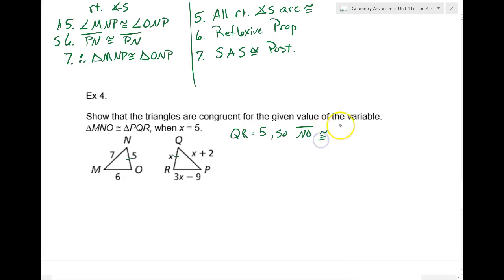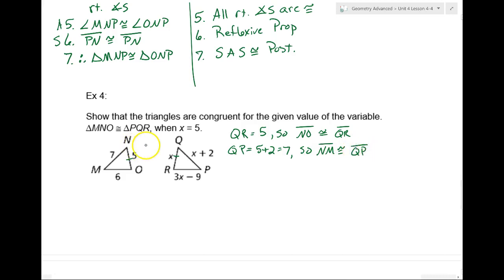Looking at my congruence statement, if I can write a congruent symbol here. Wow, you can tell I don't have you guys correcting me right now while I'm doing this video. So that's the first one. Then let's look at segment QP. That's just going to be 5 plus 2, which is 7. So that means I know segment NM is congruent to segment QP.